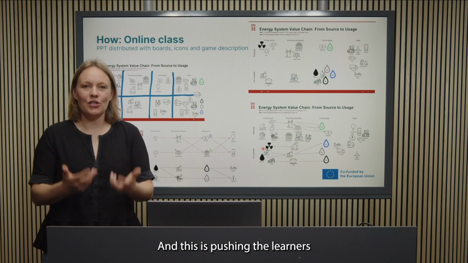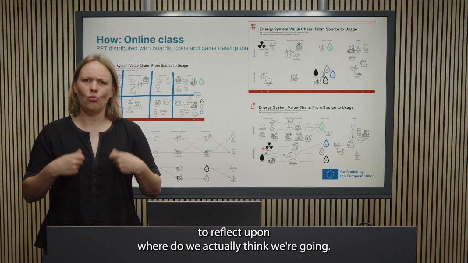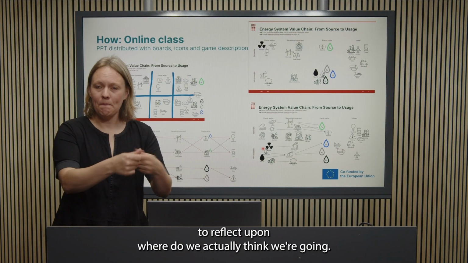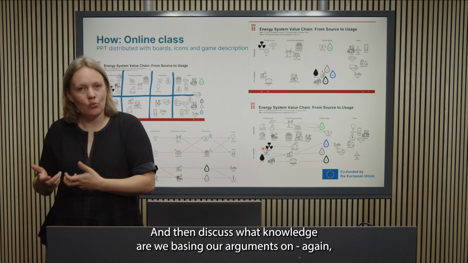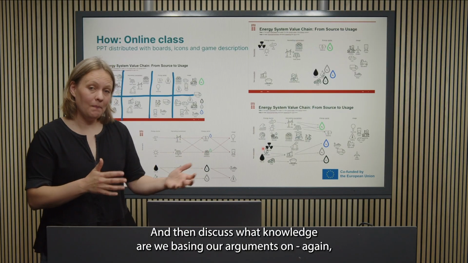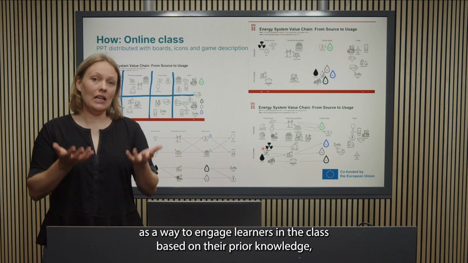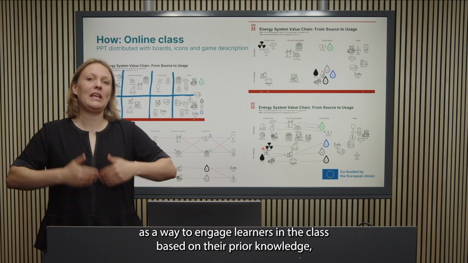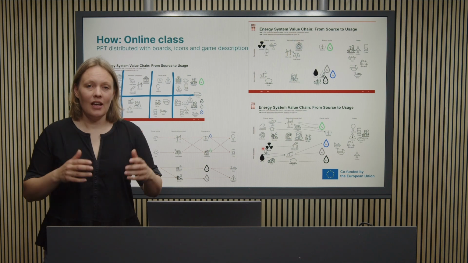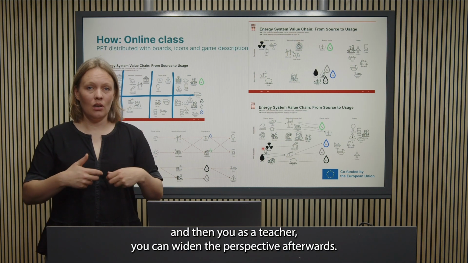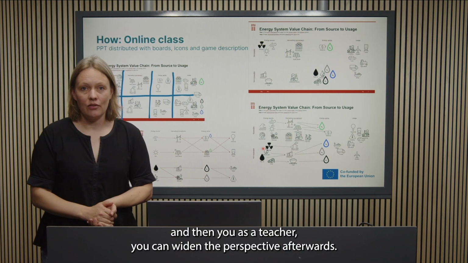And this is pushing the learners to reflect upon where we actually think we're going, and then discuss what knowledge we are basing our arguments on, again as a way to engage learners in the class based on their prior knowledge, and then you as a teacher can widen the perspective afterwards.